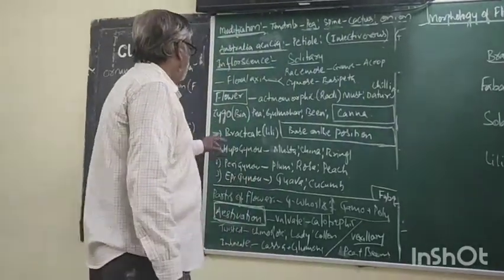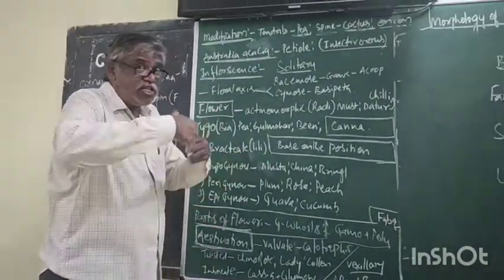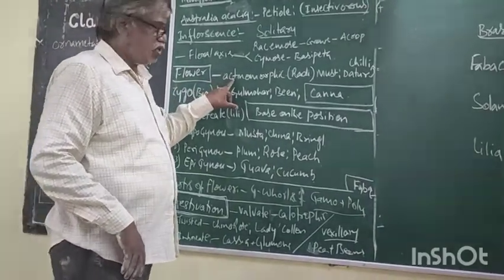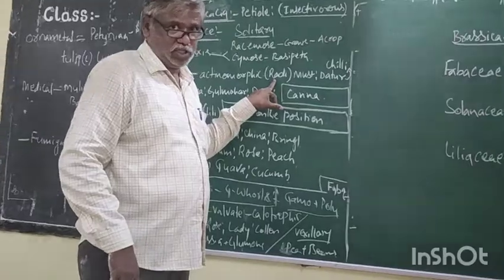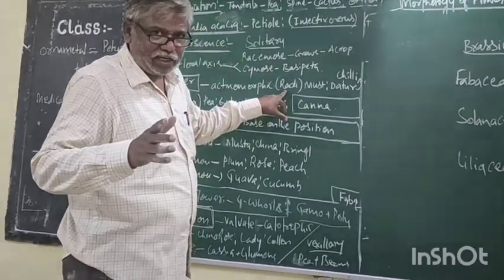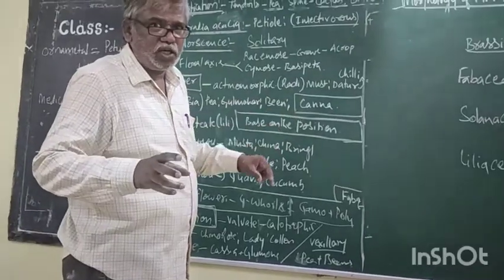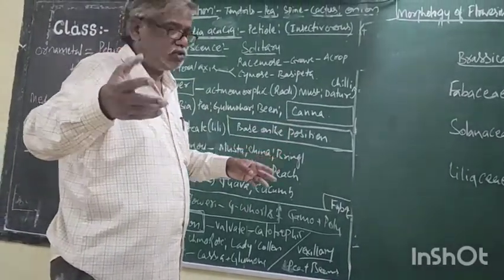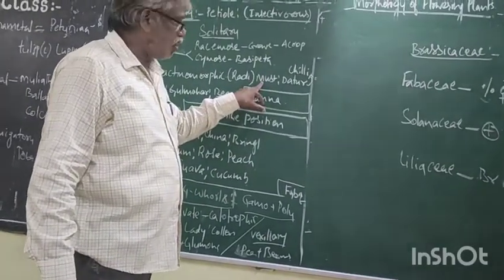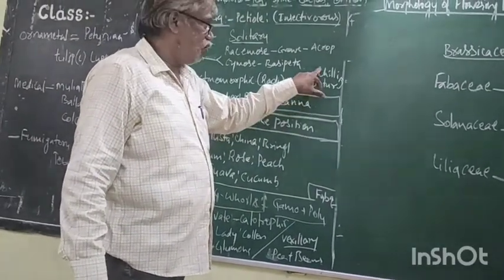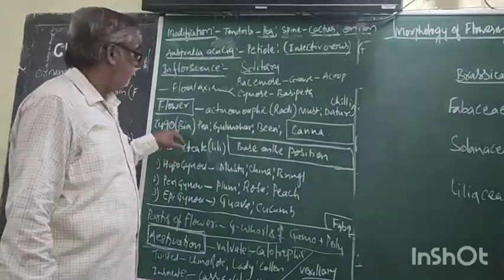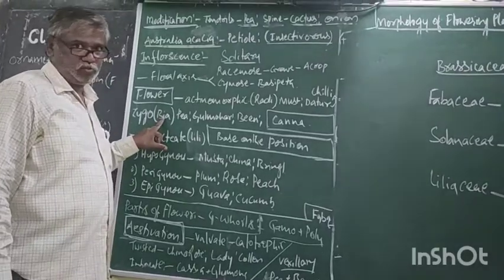Now come to the symmetry of flower. Actinomorphic, also called radial symmetry. The flower can be divided into two equal halves in any plane. Flowers of mustard, datura, and chili show actinomorphic symmetry. Zygomorphic is called bilateral symmetry.